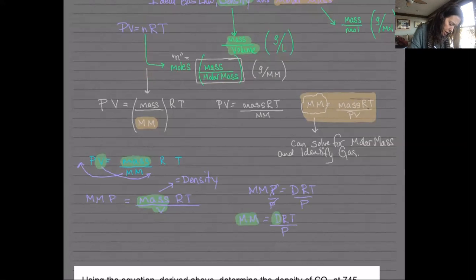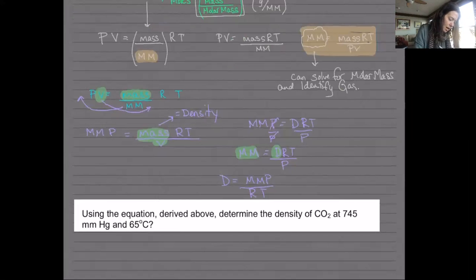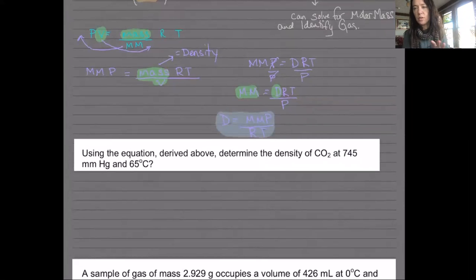So we have taken the ideal gas law, and from that, we've created equations that involve both the density and the molar mass. All right, so we've got a wealth of equations at our fingertips.